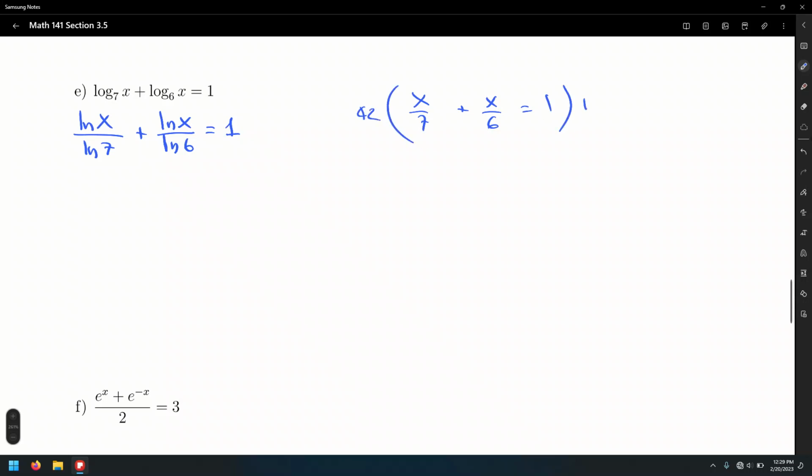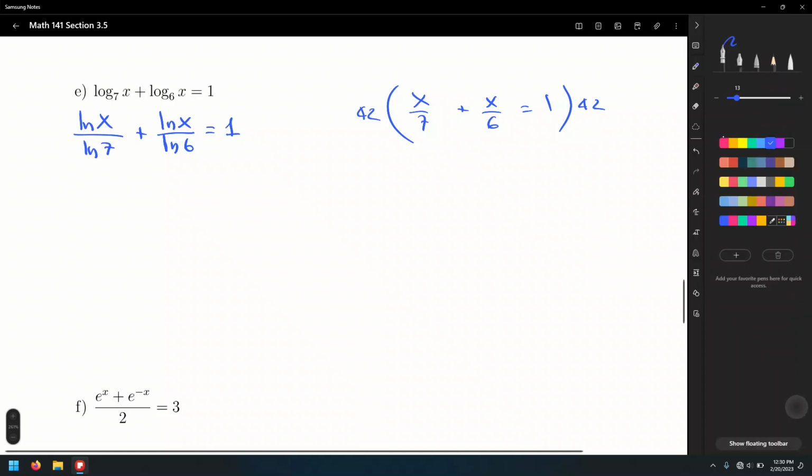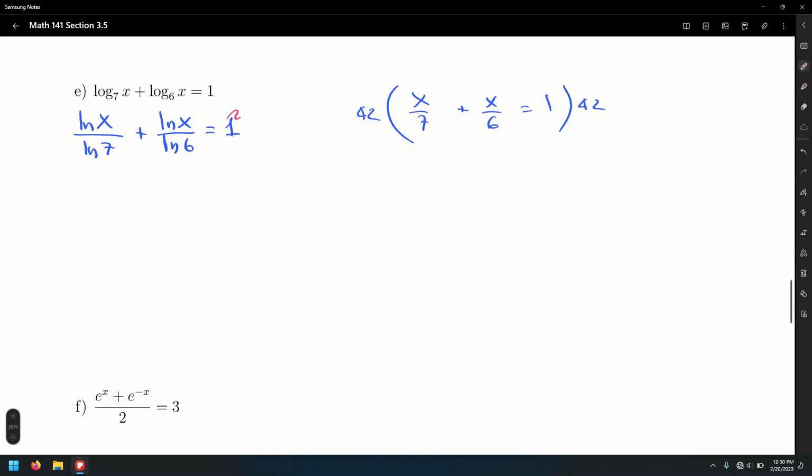In this case, it's not going to be 42. I'm just going to go with a product of logarithms. So essentially, we're going to do something like this. However, with logarithmic numbers, that is ln of 6 times ln of 7.